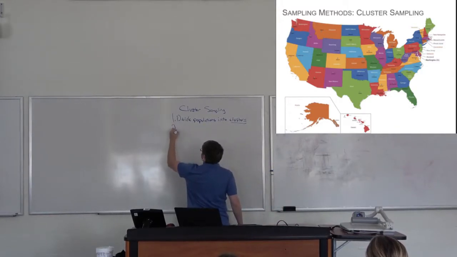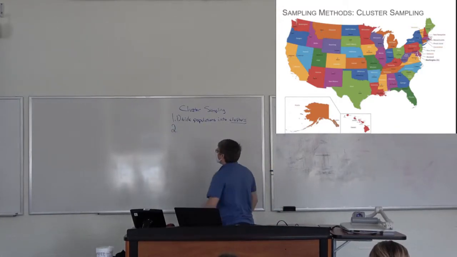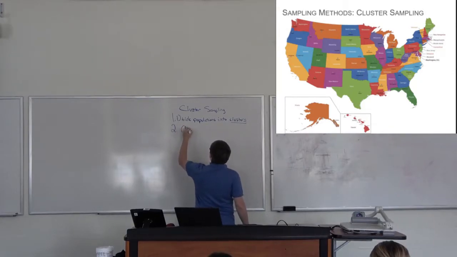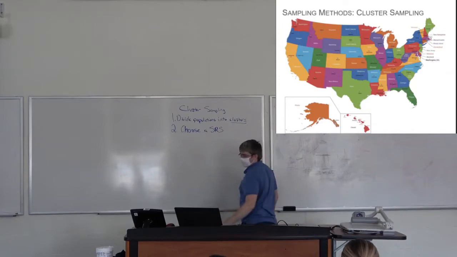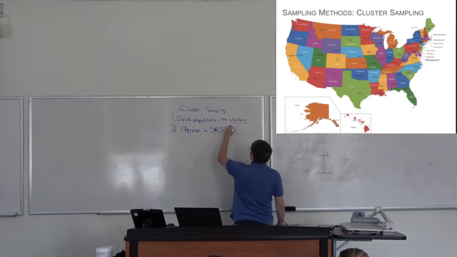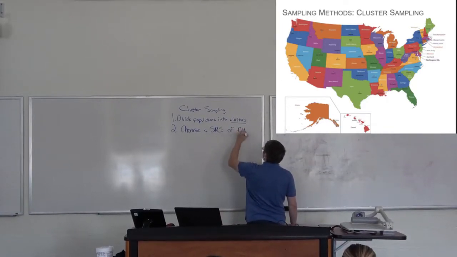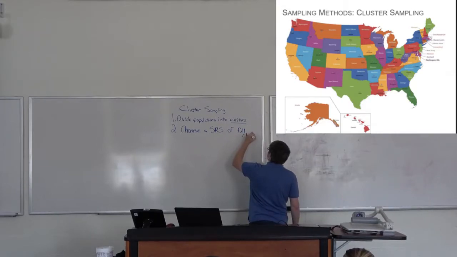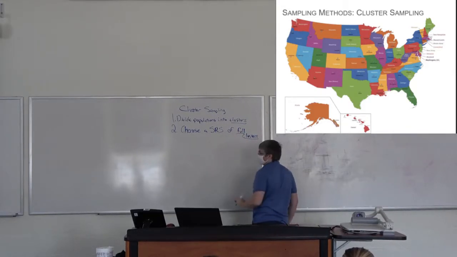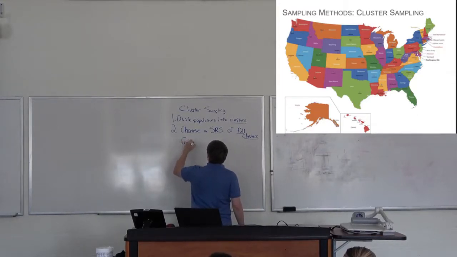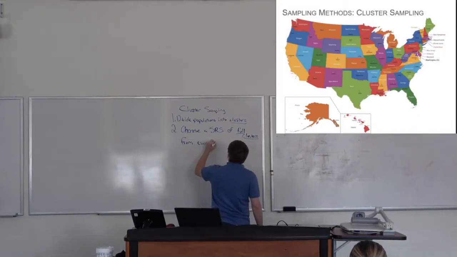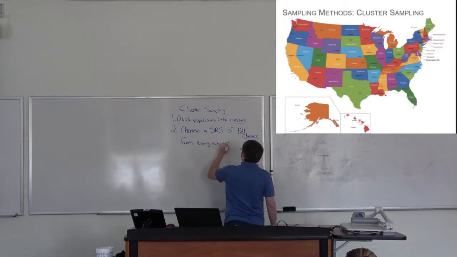So step 2 of cluster sampling is just choose a simple random sample of the full clusters. That's what makes it different here. Full clusters from every subject.